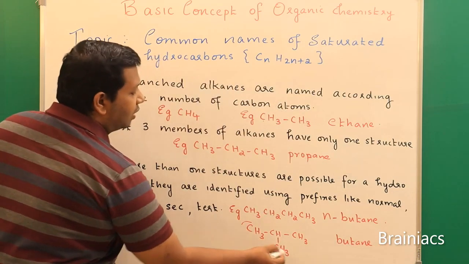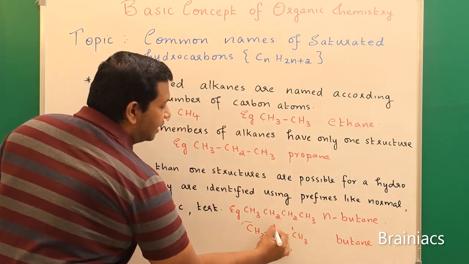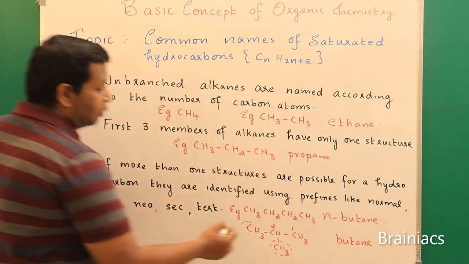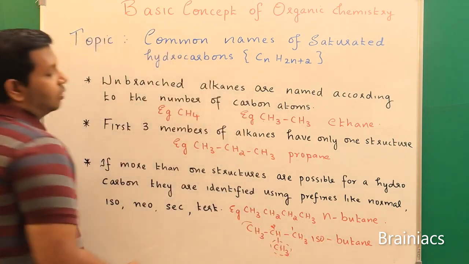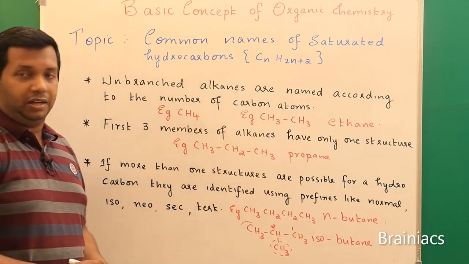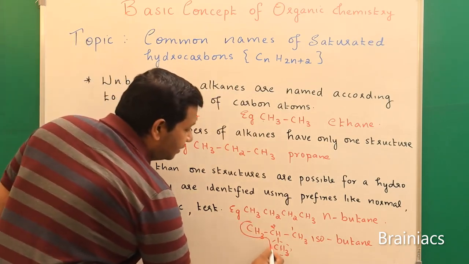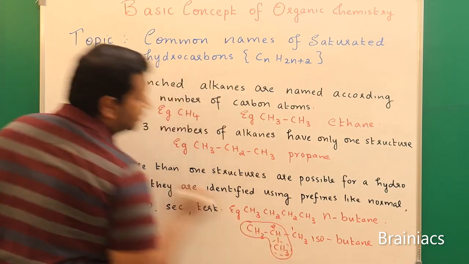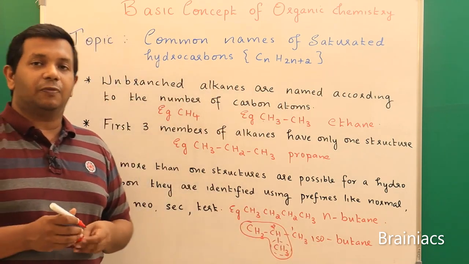Whenever there is one CH3 group connected to the second carbon atom of the continuous parent carbon chain, we use the term iso. So what is the common name of this compound? That will be isobutane. Or I remember it like this: if you have a link like this, CH3, CH, CH3, then we use the term iso. That is another way of remembering.